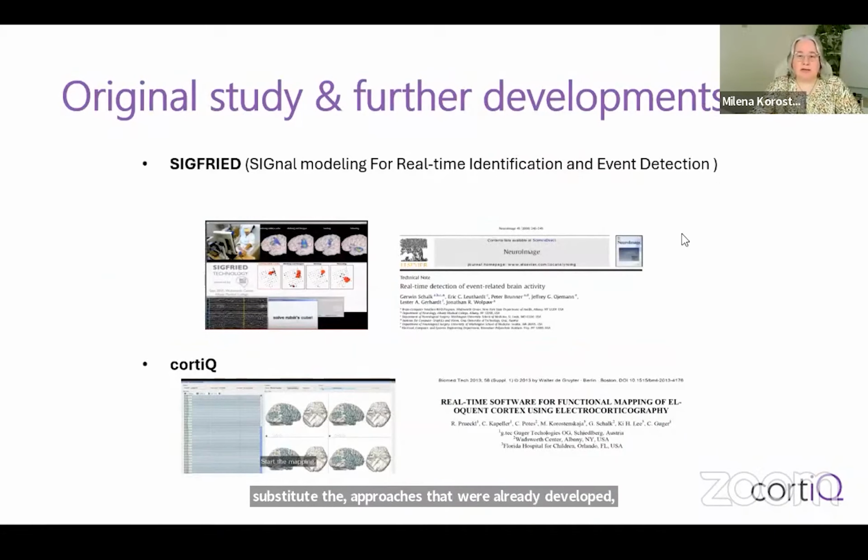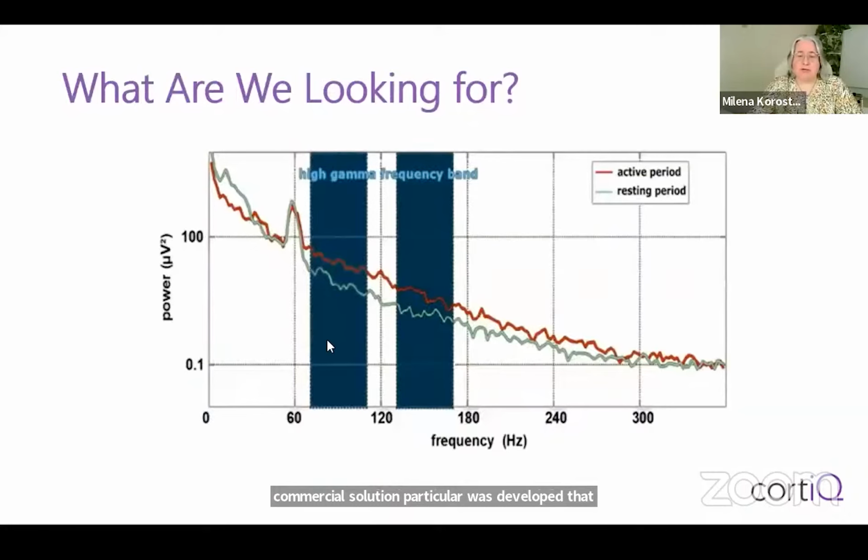This approach of gamma mapping in real time was published by Dr. Sharp, Peter Brunner, and is known as the Sigrid approach. That is what we started with, and then this commercial solution, CartiQ, was developed that really streamlined everything. Just a reminder that we're looking at the high gamma frequency between 70 to 110 and 130 to 170 hertz.